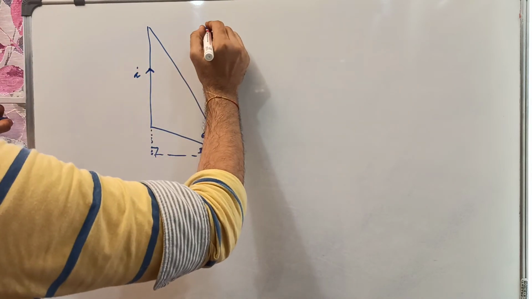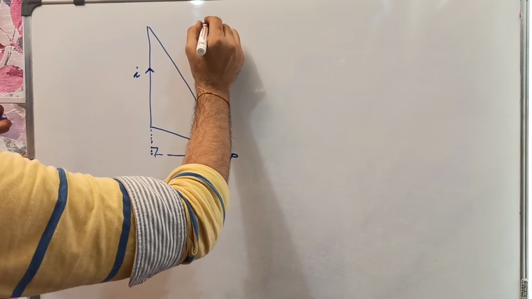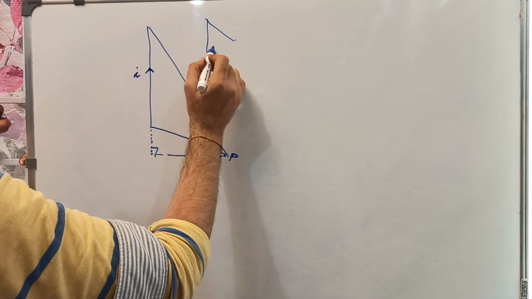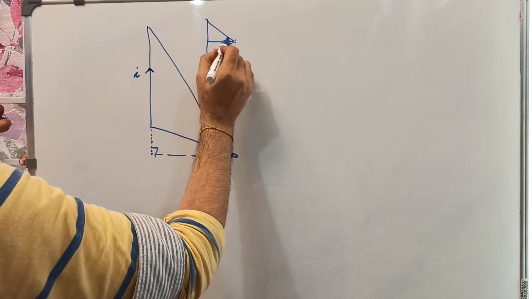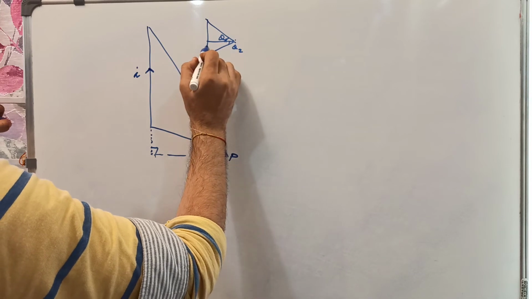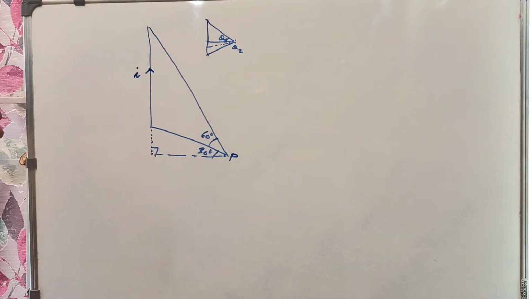Now let me draw the figure, the one through which we derived the formula, and the figure is something like this. This is theta 1, and this is theta 2, and this was the dL we have spoken about. So just compare it with this.